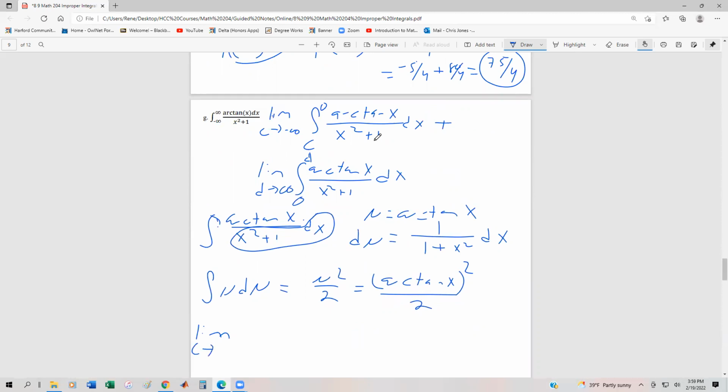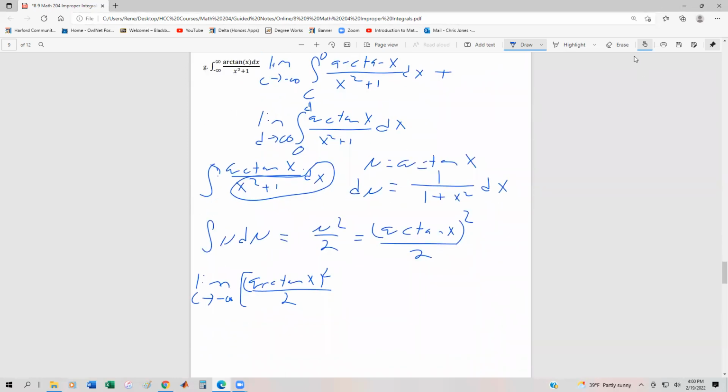Since we already back substituted, we can skip all that. Sorry about that. This is going to be arctan x squared divided by 2, ranging from c to 0.